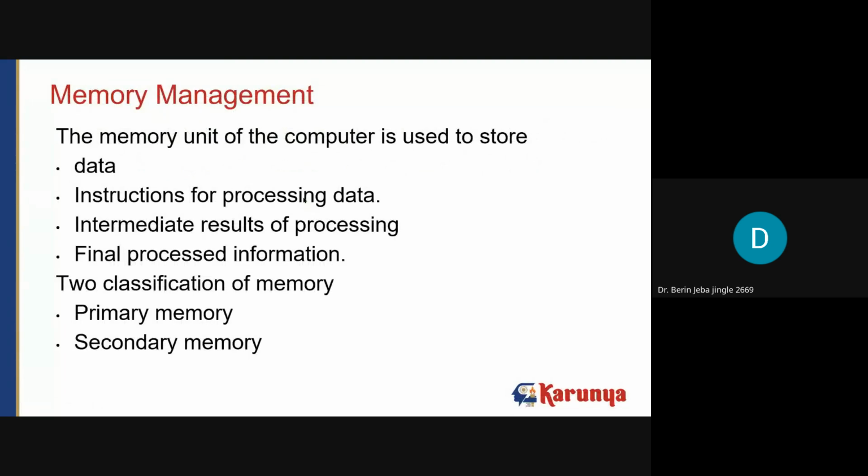The memory unit of the computer is used to store data, the instructions for processing data, intermediate results, and the final processed information. The memory unit is used only for storing purposes.